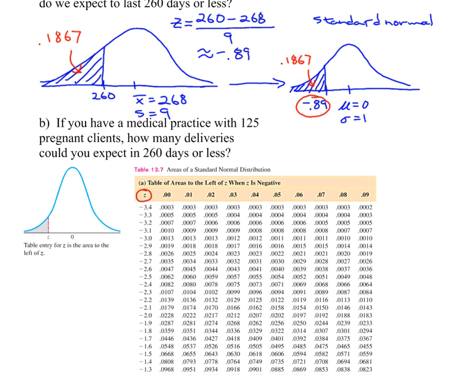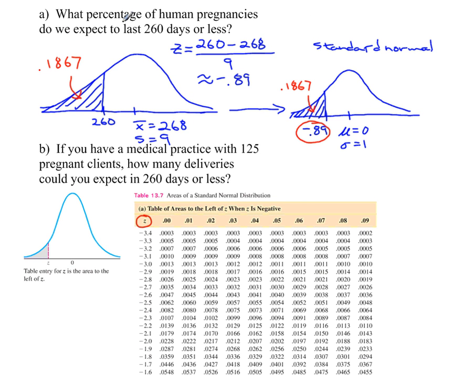Now we'd want that as a percent. To change the 0.1867 to a percent, we know that's 18.67%. Move the decimal place 2 places to the right. So 18.67% represents the percentage of pregnancies we expect to last 260 days or less.